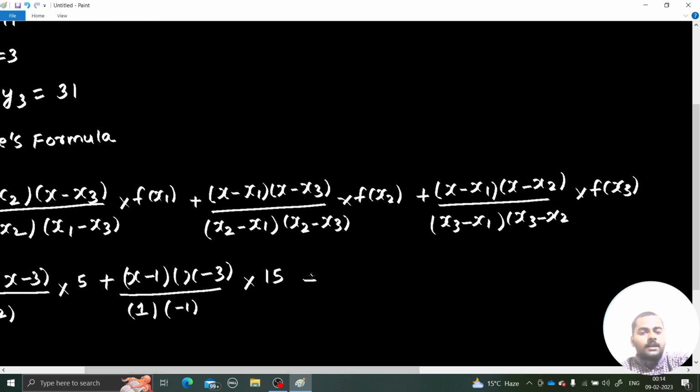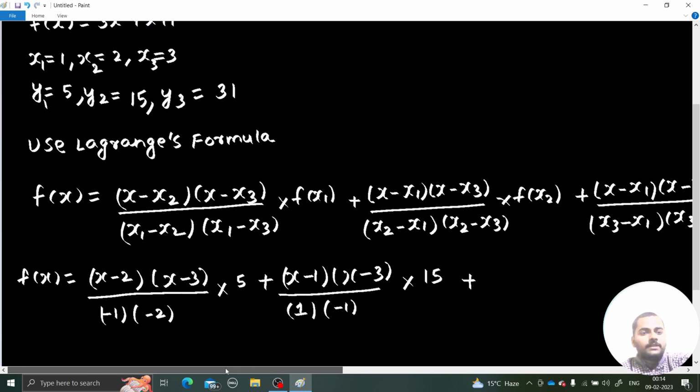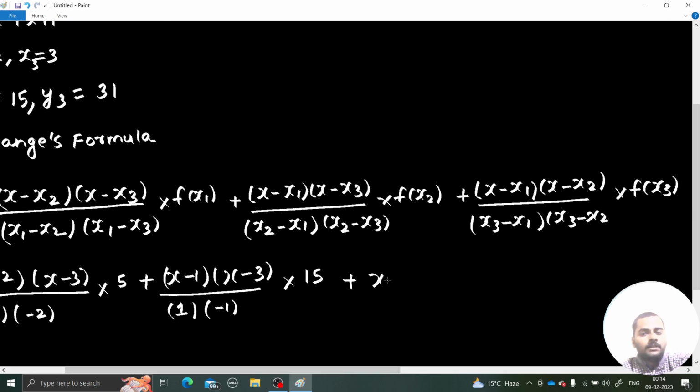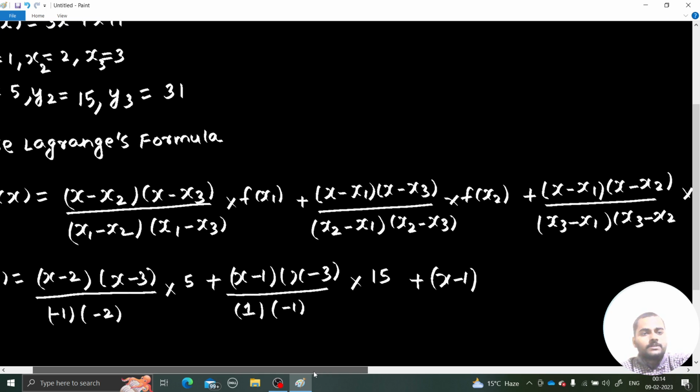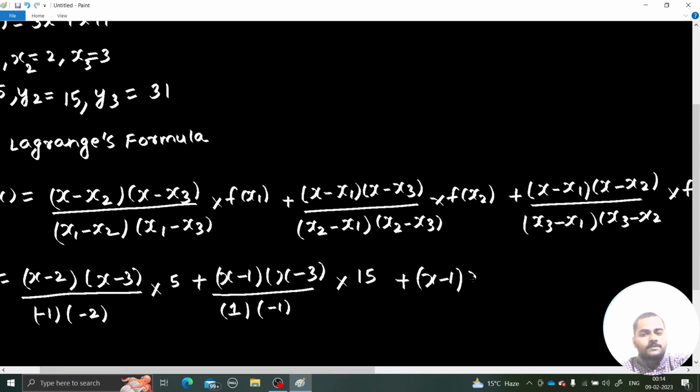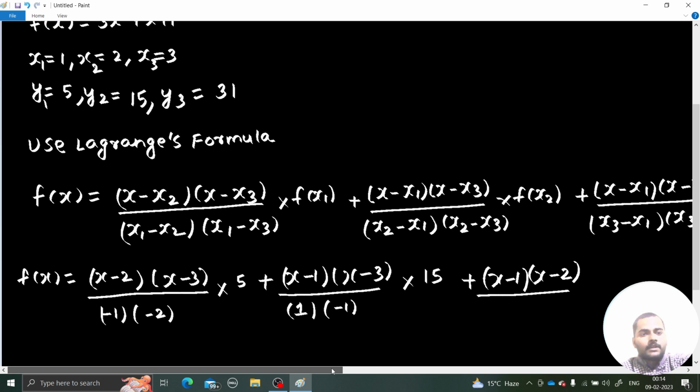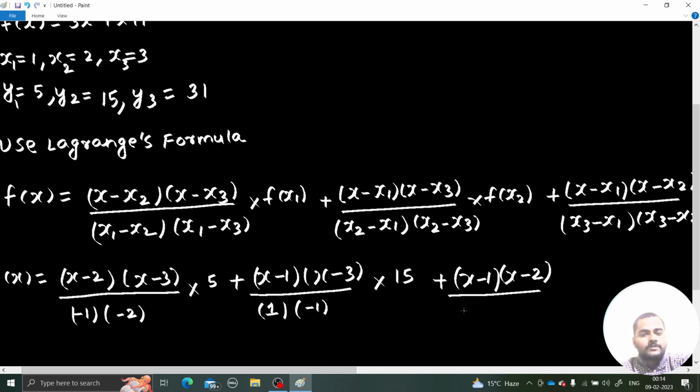Then x minus x1, so x minus 1, and x minus x2, which is x minus 2, divided by x3 minus x1, which is 3 minus 1, that is 2, and x3 minus x2, which is 1, and this function value is 31.